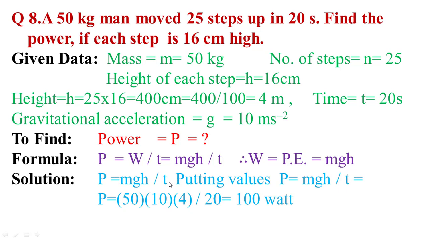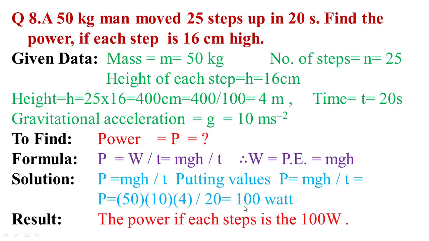Solution: putting the values, P is equal to 50 multiplied by 10 multiplied by 4 divided by time 20. The final answer is 100 watt. So the result: the power of the body is 100 watt.